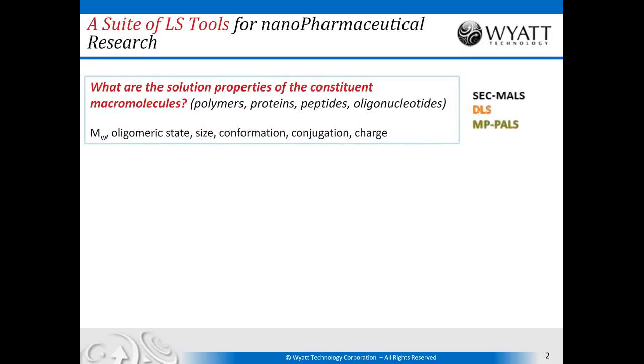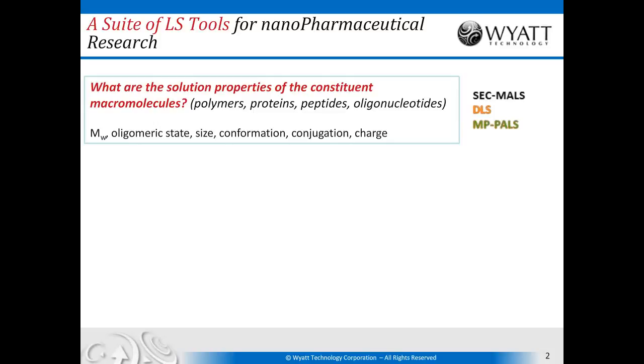So the tools that I'll be discussing that are based on light scattering are used to answer a series of analytical questions. First of all, the questions that you'll be asking are, what are the solution properties of the constituent macromolecules that come together to form your nanoparticles? That may be polymers or proteins, peptides that are perhaps encapsulated or adhering to the surface, as well as oligonucleotides if you're doing siRNA delivered by liposome.